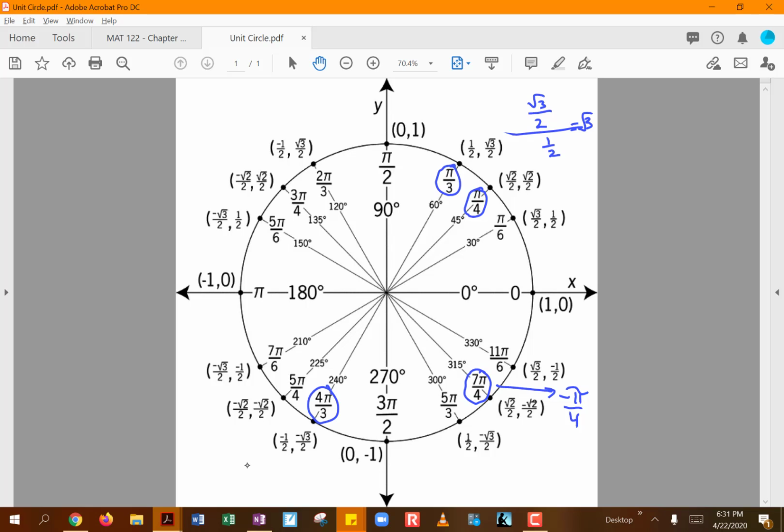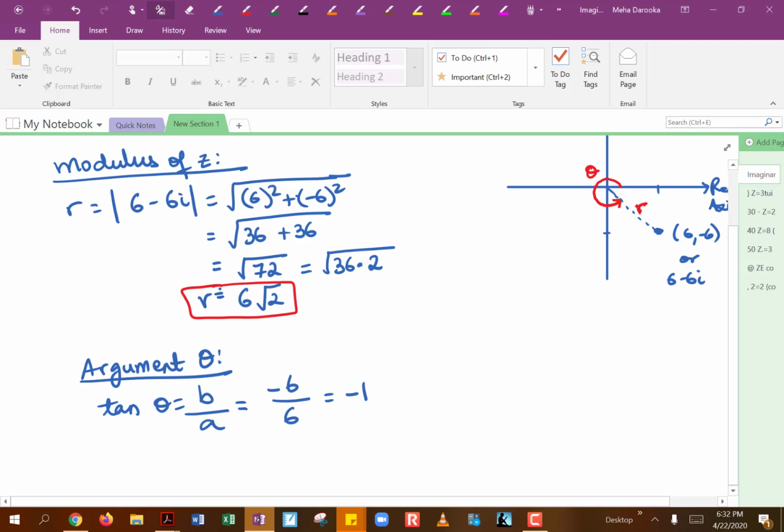If you go in the clockwise direction, if you go in this direction, our angle would be negative pi over 4.